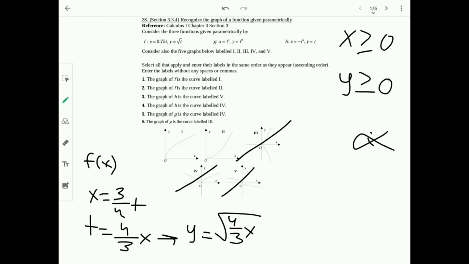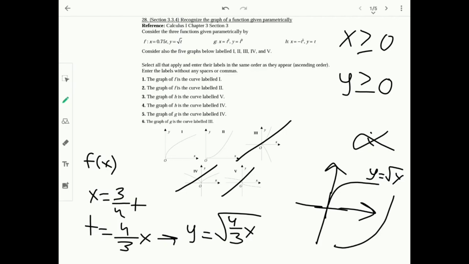Now one more thing we should remember to help us finalize the answer is the graph of y equals square root of x. It tends to look like this. Is it an exponential function? No, it's like this. So this is wrong. This is correct.